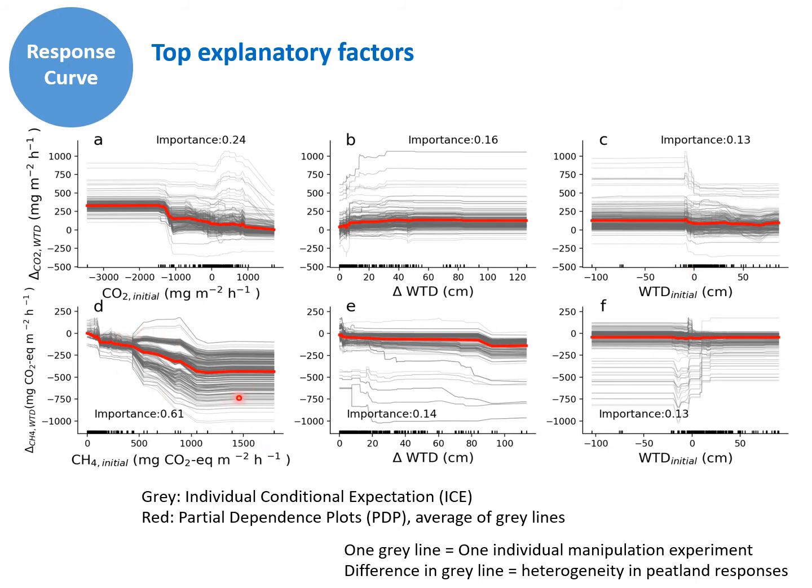We will see a strong reduction of methane emissions if the ecosystem is a strong methane source before water table drawdown, or if I have a strong change in water table depth. Despite the overall pattern, as you can see, each of the individual response curves is slightly different due to the differences among peatlands.